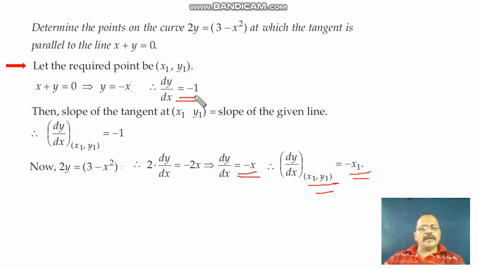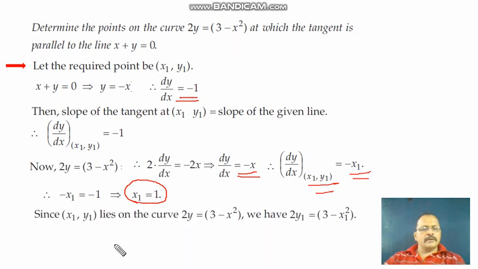Now dy by dx is minus 1 and dy by dx is minus x1. Therefore x1 is equal to 1. Put it here. x1 y1 lies on the curve 2y equal to 3 minus x square.